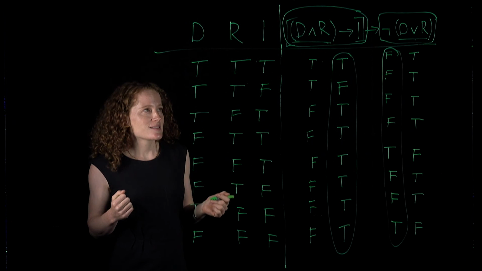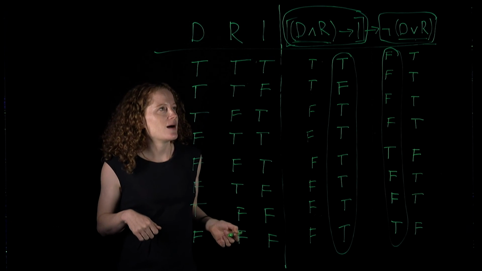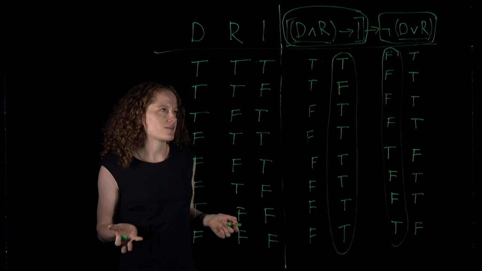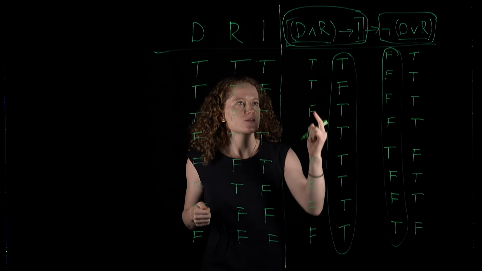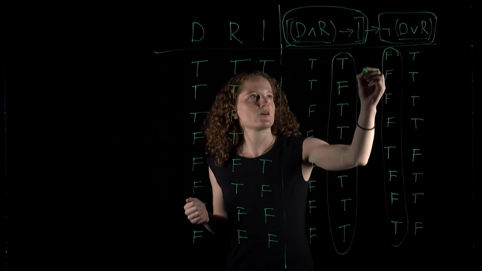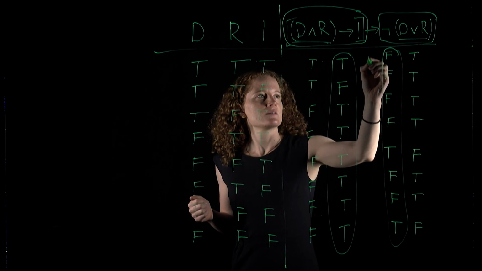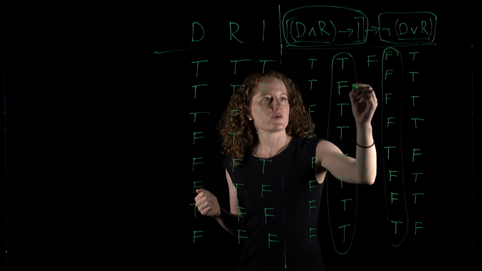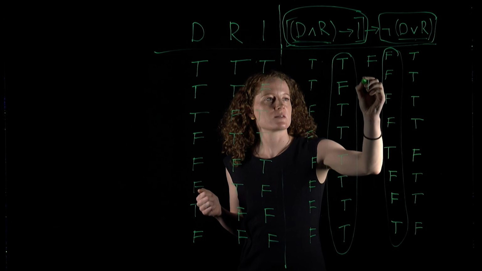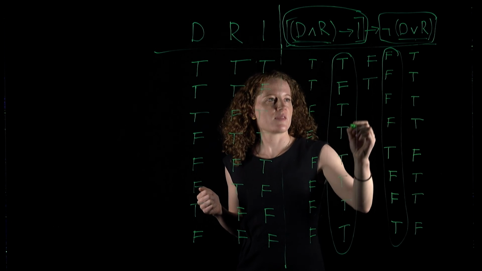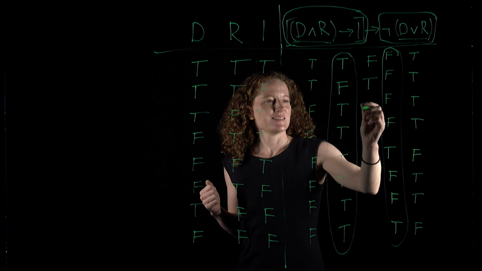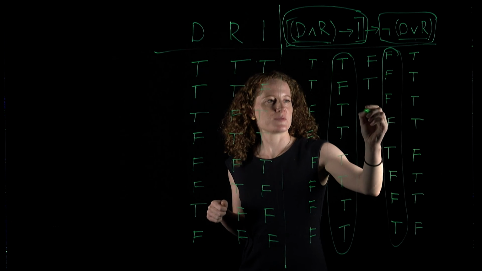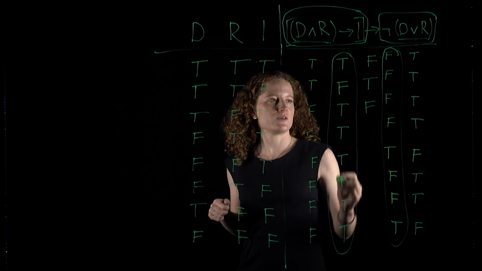Now, let's start to fill in the column under our main connective, under the conditional. In the first row, we see that the antecedent is true and the consequent is false, so the whole conditional is false. In the second row, the antecedent is false, so the conditional is true. In the third row, the antecedent is true and the consequent is false, so the conditional is false.